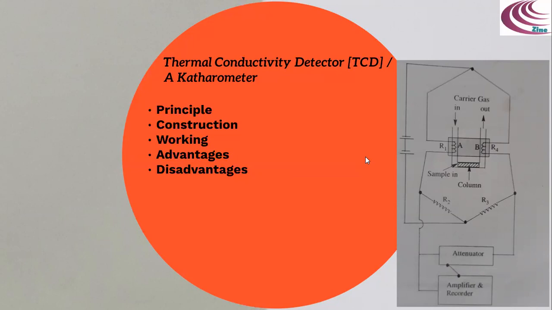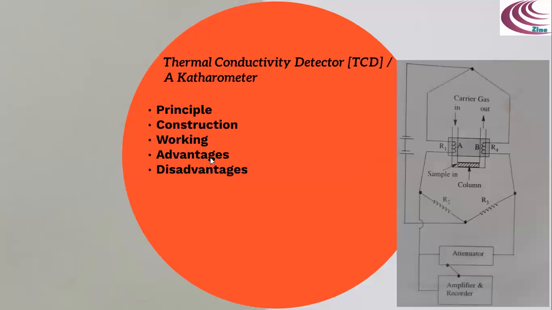This is not the case when nitrogen or carbon dioxide is used as the carrier gas, since their conductivities are almost the same as those of the organic compounds. Thus, the presence of a small amount of an organic compound in this carrier gas doesn't bring about a noticeable change in the thermal conductivity of the eluate. Hence, detection of organic compounds by thermal conductivity detector in the presence of nitrogen or carbon dioxide as a carrier gas is less sensitive.